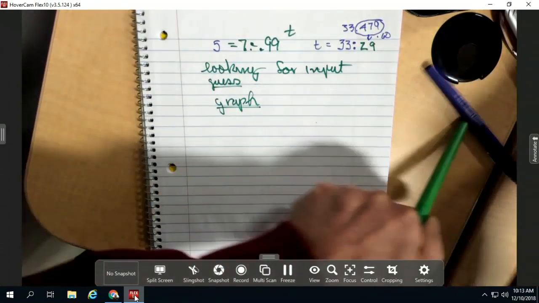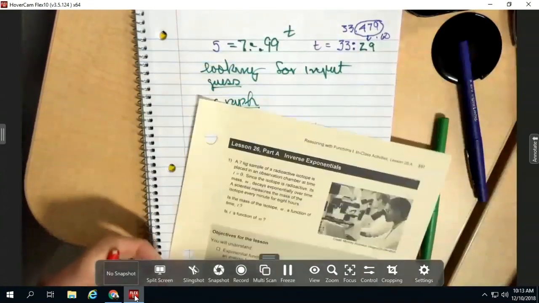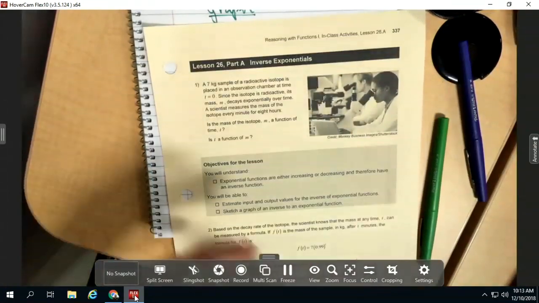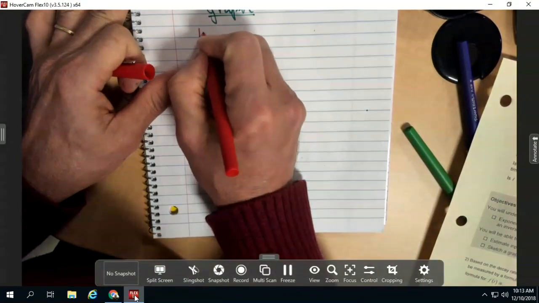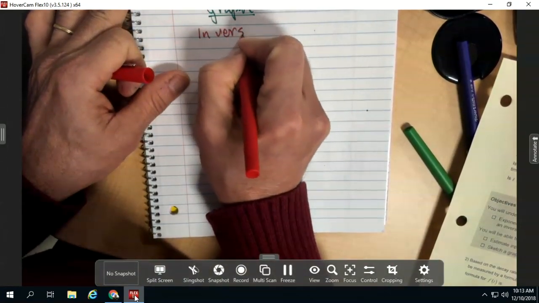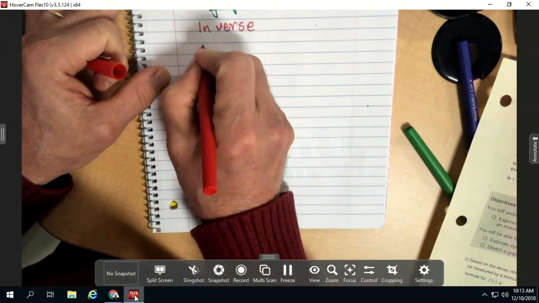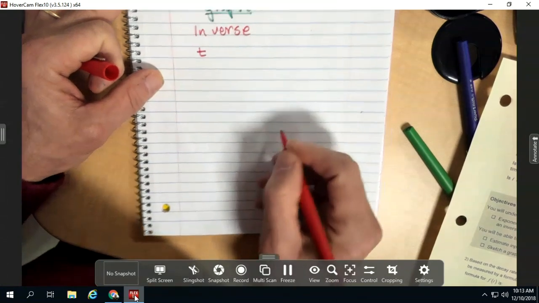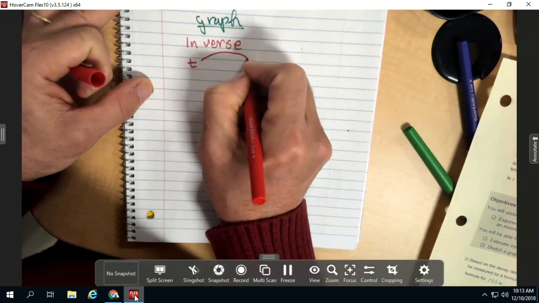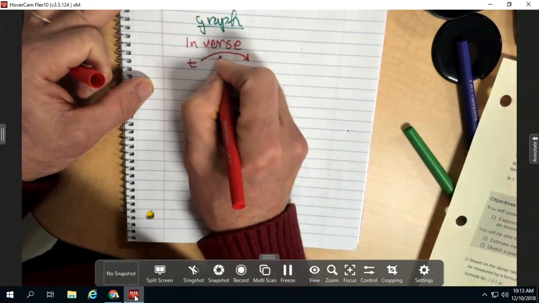Now, since the title of this lesson is Inverse Exponentials, we're going to inverse. Here's how we inverse. We start with t. What's the first thing we do?